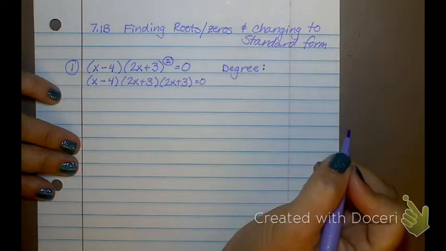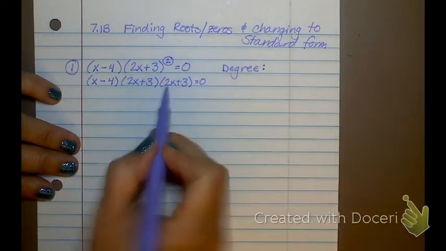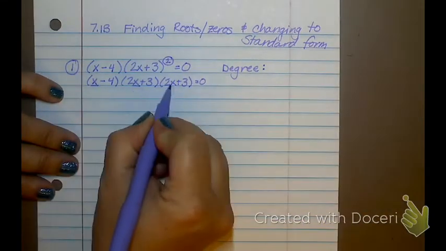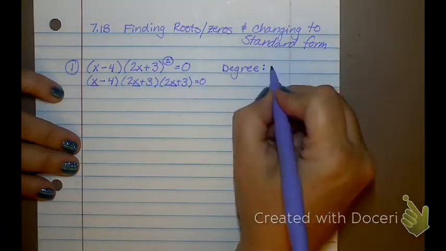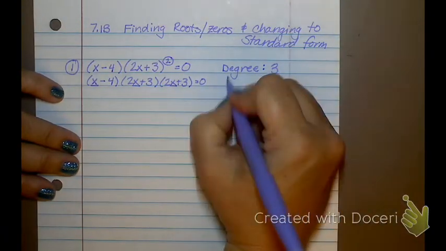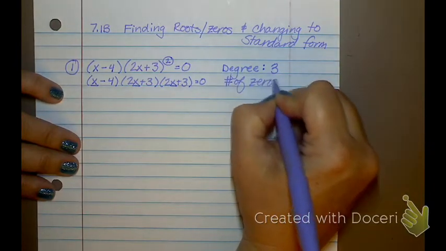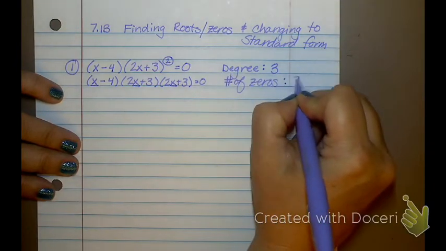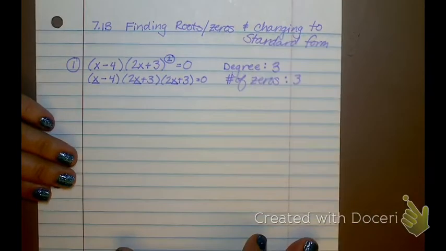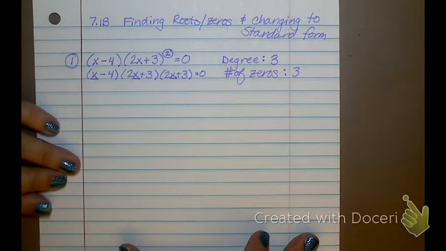Isn't that what that means? The squared means it's twice. So how many x's do we have? 3. So how many zeros are we going to have? 3. Okay, so 3 roots, zeros, solutions, etc.